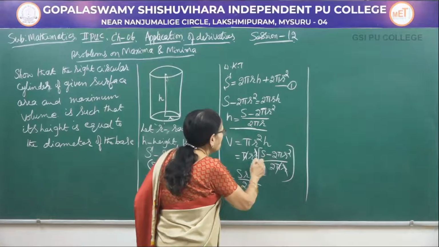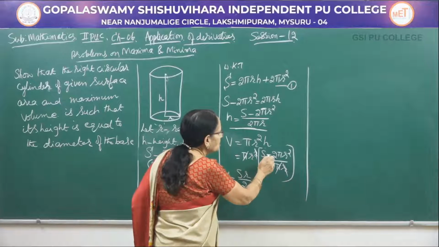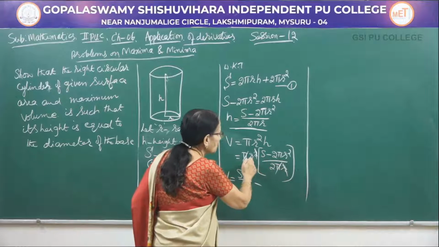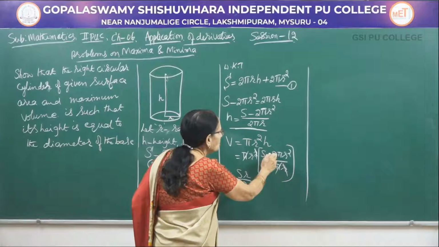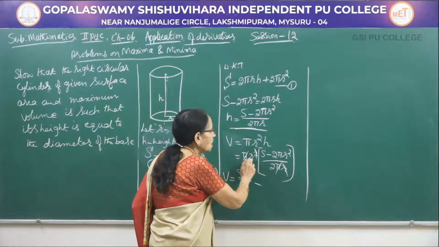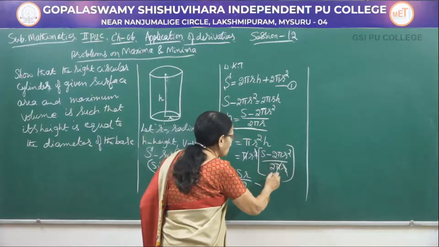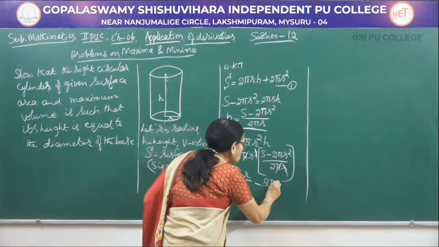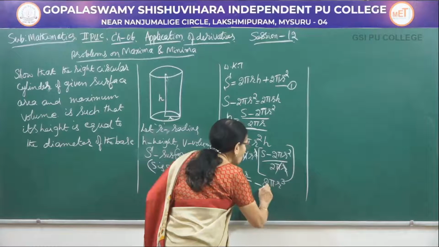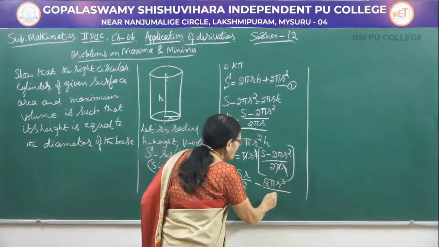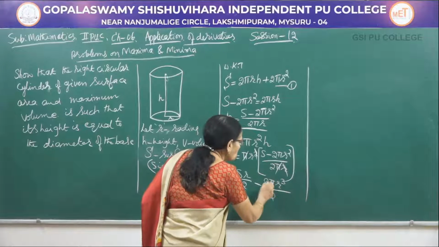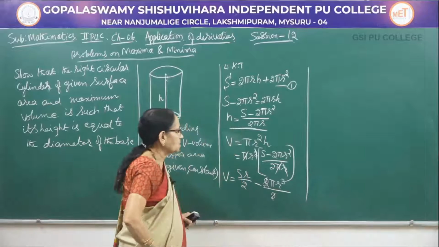Next, r into 2 pi r square, that is minus 2 pi r cube divided by 2. Even this 2 also can be cancelled, isn't it?